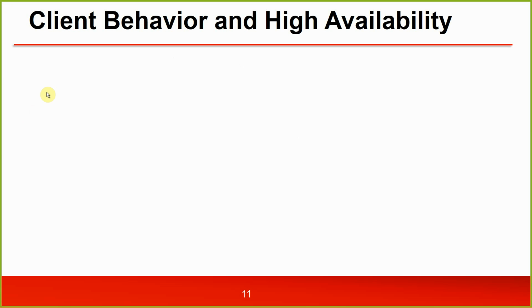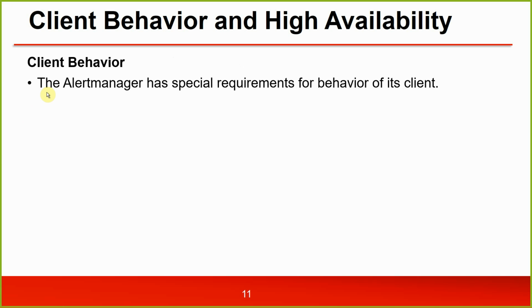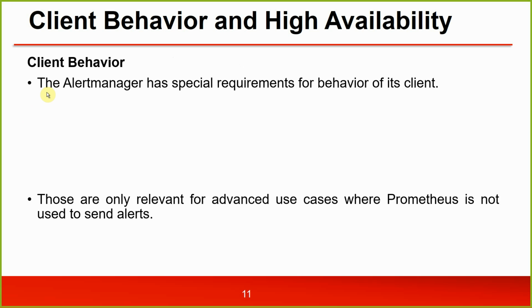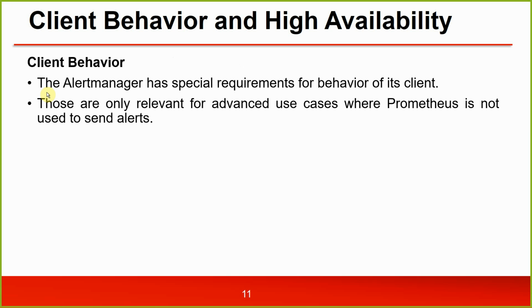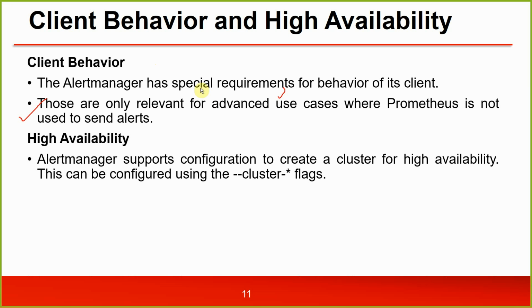Client behavior and high availability. Client behavior: Alert Manager has special requirements for the behavior of its client. Those are only relevant for advanced use cases where Prometheus is not used to send alerts. And high availability: Alert Manager supports configuration to create a cluster for high availability.